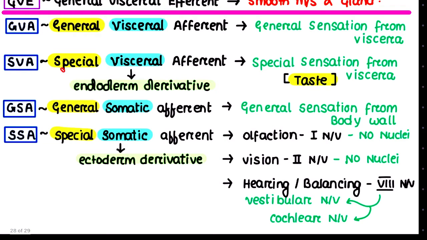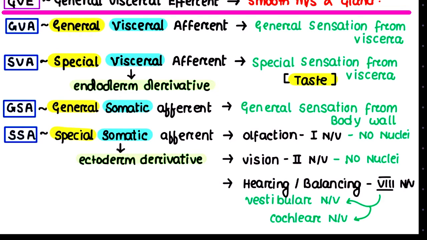Now another is our special visceral afferent. Here, special. What type of sensation will it carry? It will carry the special sensation. What are the special sensations? Obviously olfaction, vision and taste are our special sensations, but here the special sensation is being carried from viscera. These viscera should be endodermal in derivation.